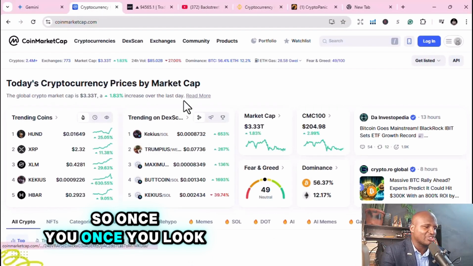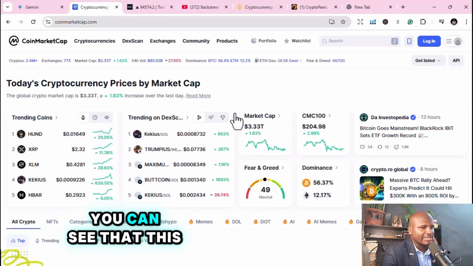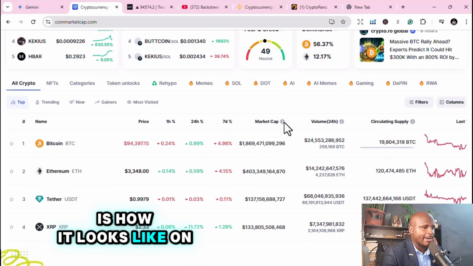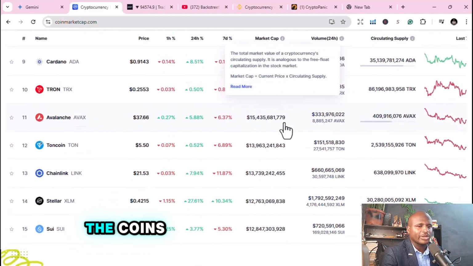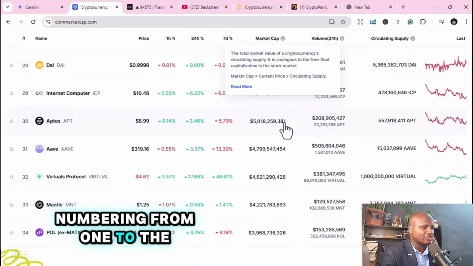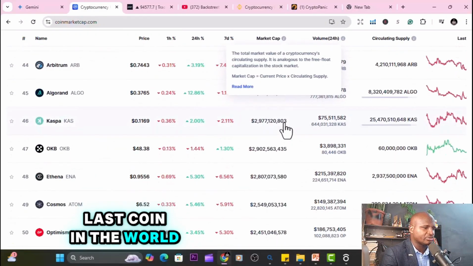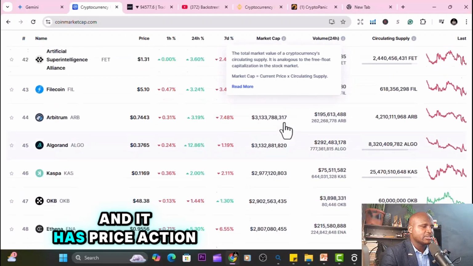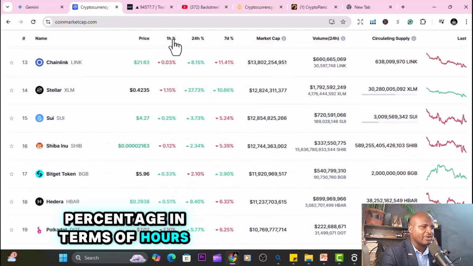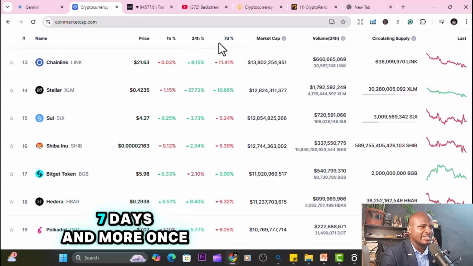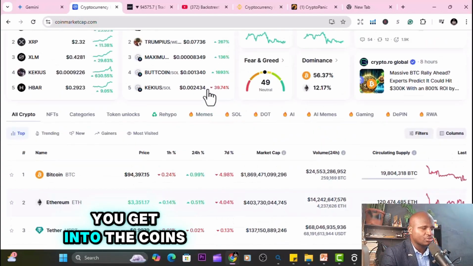So once you look at this, you can see how it looks in real time. And you can see all the coins numbering from one to the last coin in the world. And it has price action percentage in terms of hours, 24 hours, 7 days, and more once you get into the coins.